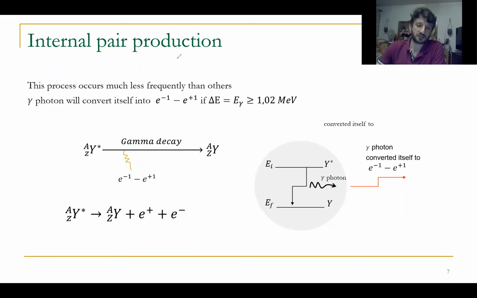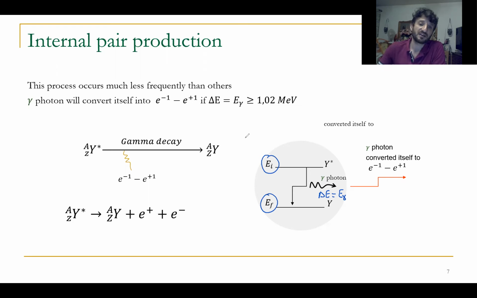Internal pair production. During the transition from the upper level to the lower level, a gamma photon will be emitted and we have a delta E quantity of energy. We can say delta E or E gamma, which means the energy of the gamma photon.